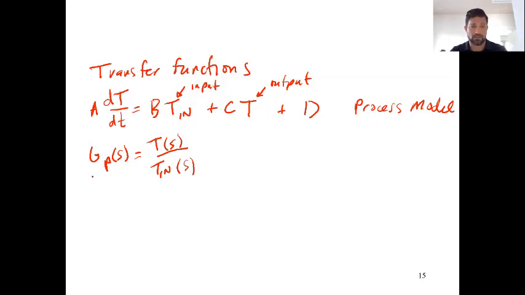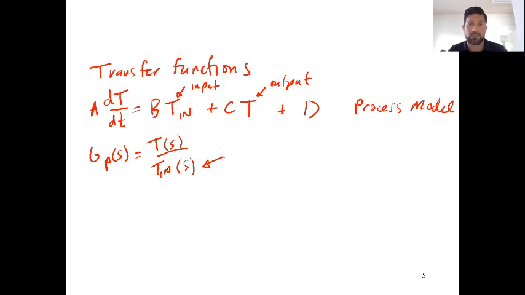What this means is that the function of the input doesn't matter with respect to the transfer function. The transfer function for a process is going to be derived from the overall process model, and it's going to tell us how the output changes with respect to the input.